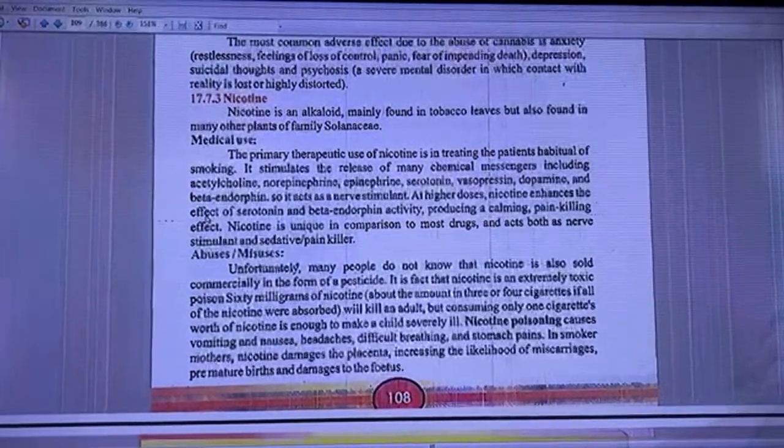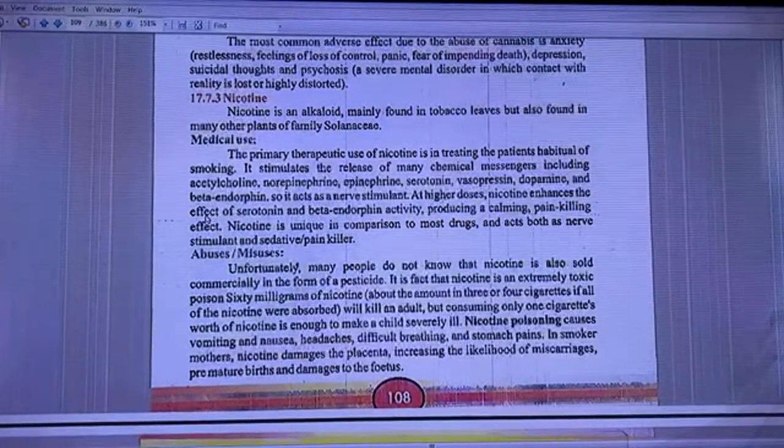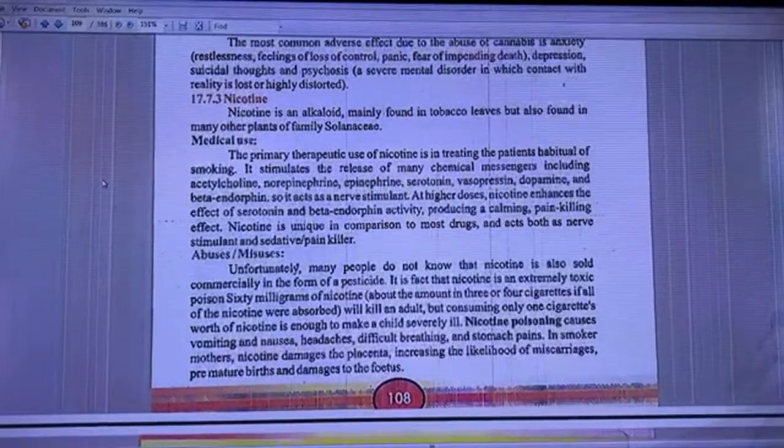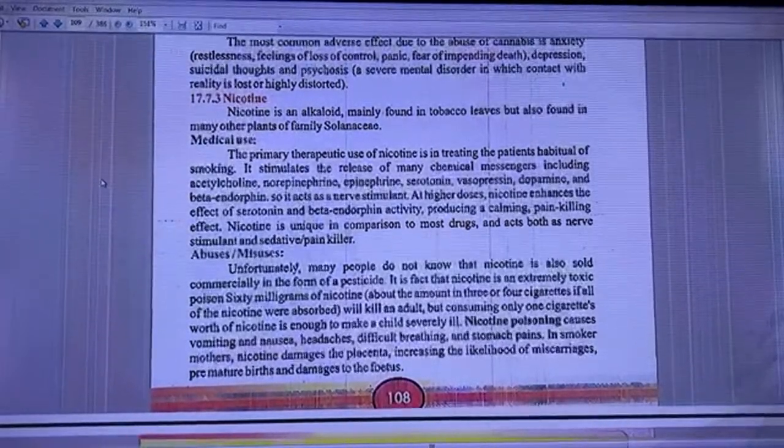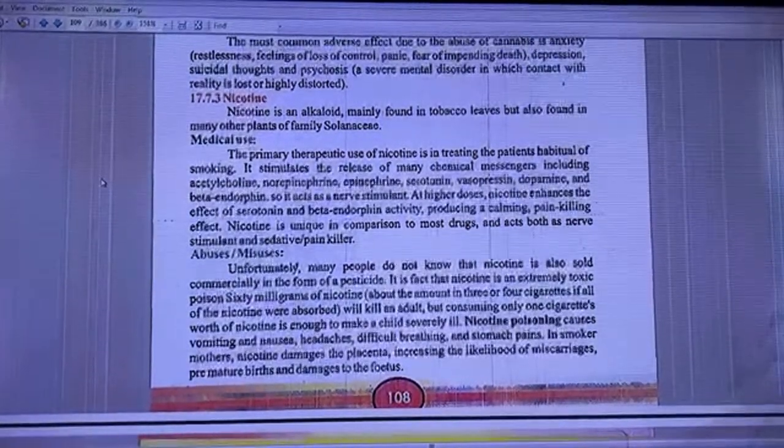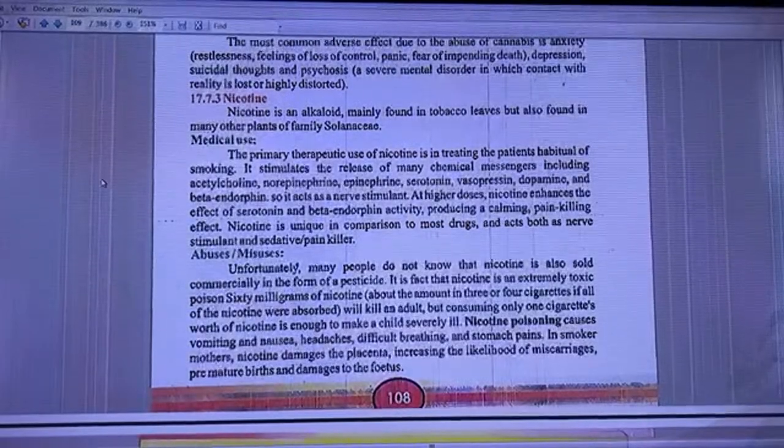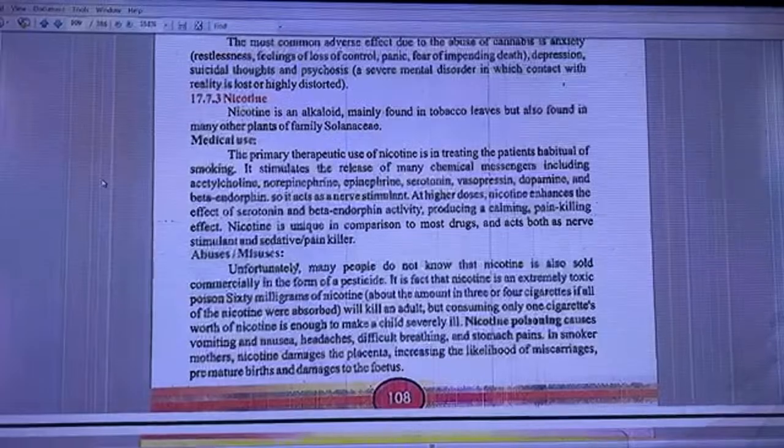At higher doses, nicotine enhances the effect of serotonin and beta endorphin activity, producing a calming, pain-killing effect. Nicotine is unique in comparison to most drugs and acts both as neurostimulant and sedative painkiller.